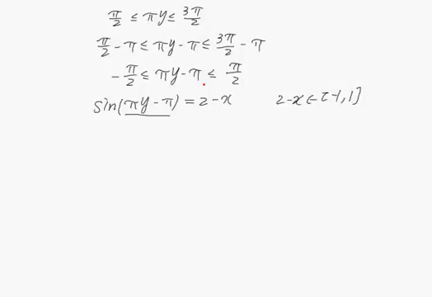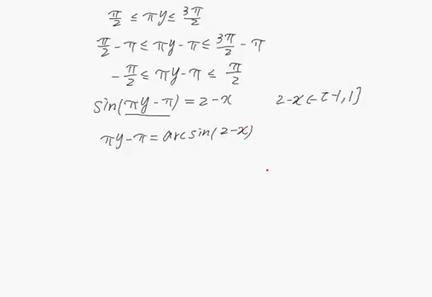So now from the definition of the sine function and the inverse sine function, we know we can take the inverse sine of both sides. This angle, pi y minus pi, which is between negative half pi and half pi, is really equal to the arc sine of 2 minus x.